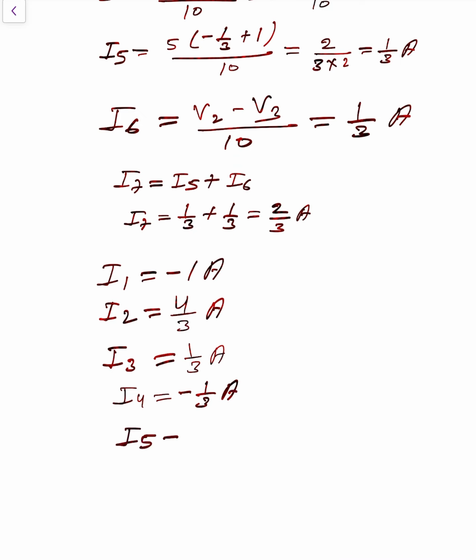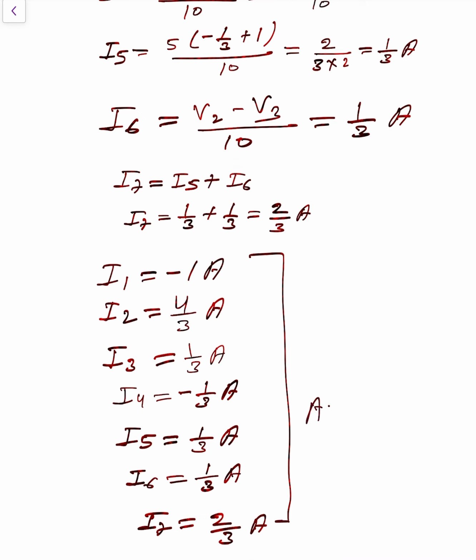And what about I5? I5 is 1 by 3 ampere and I6 is 1 by 3 ampere and I7 is 2 by 3 ampere, that is the answer. If it doesn't match, then check it.